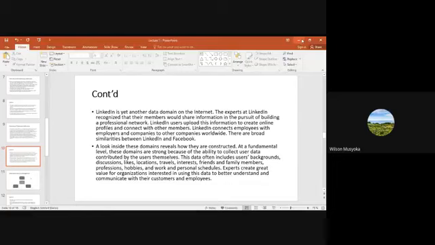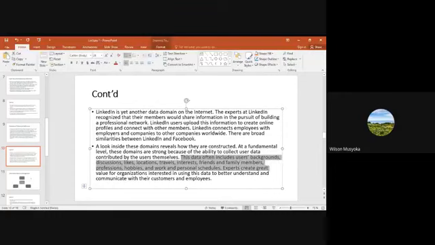And these domains have been constructed and have built in a lot of data regarding users. This data would include things like users' backgrounds, discussions, likes, locations, travels, interests, friends and family members, professions, hobbies, and work and personal schedules.